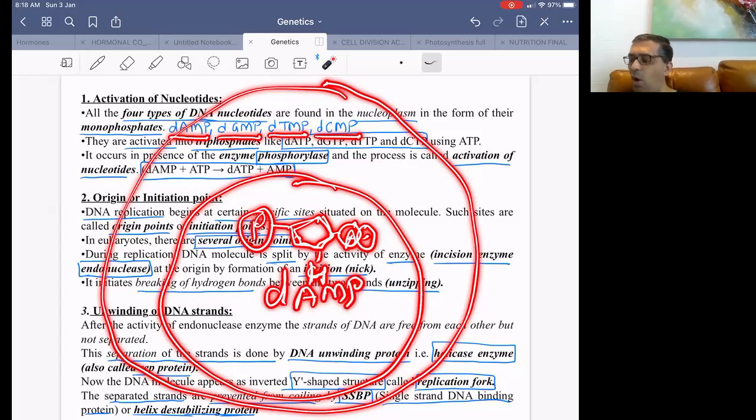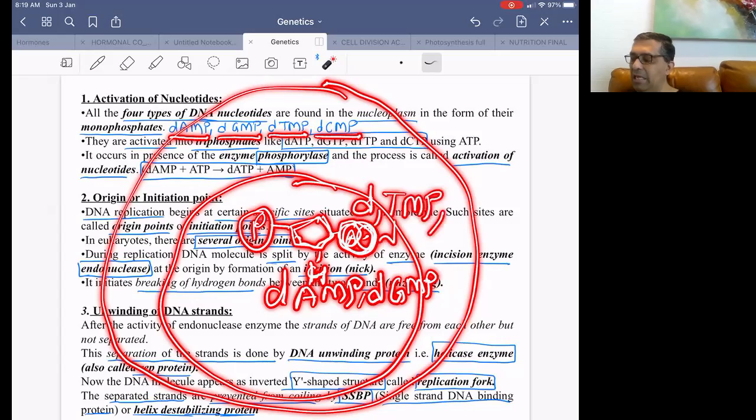Similarly, we have deoxyguanosine monophosphate, deoxythymidine monophosphate, and deoxycytidine monophosphate.